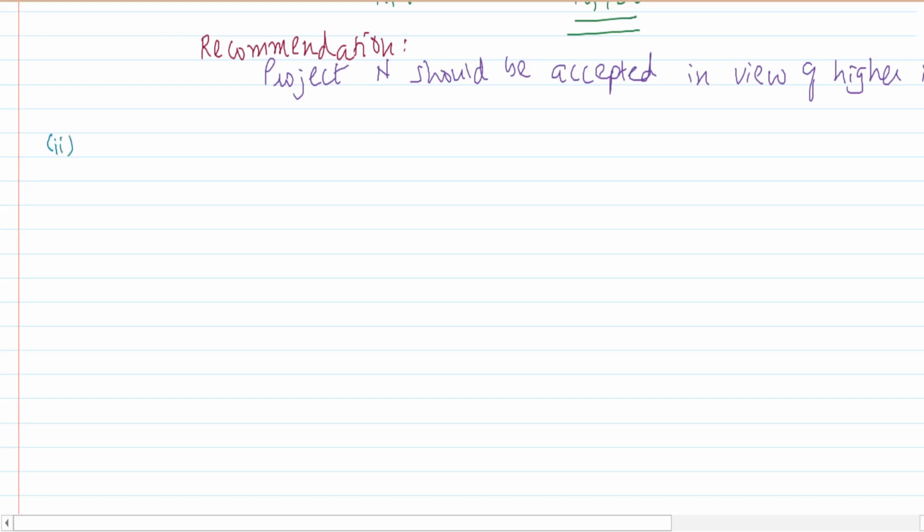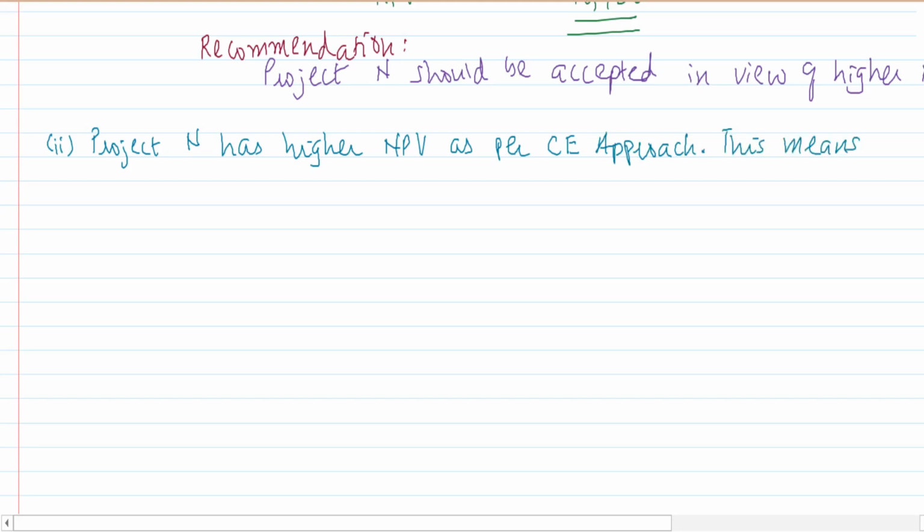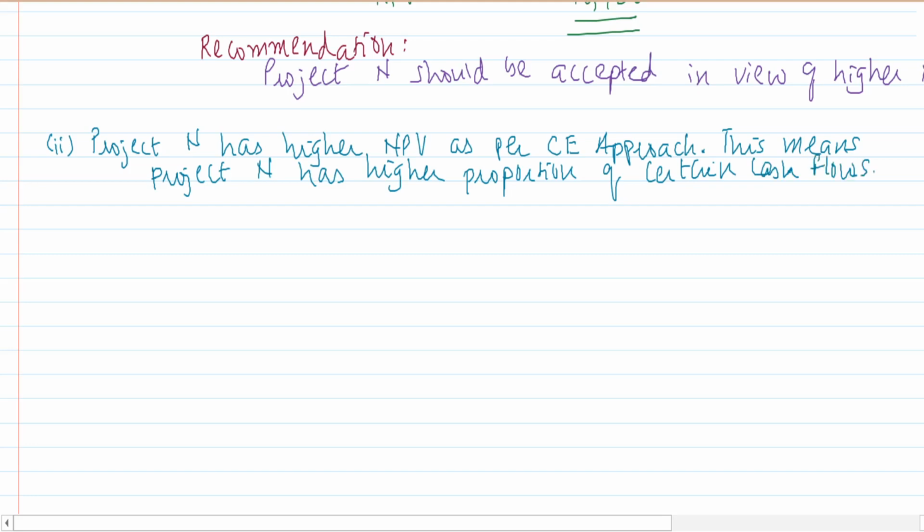We say for part 2, project N has higher NPV as per CE approach. This means project N has higher proportion of certain cash flows.